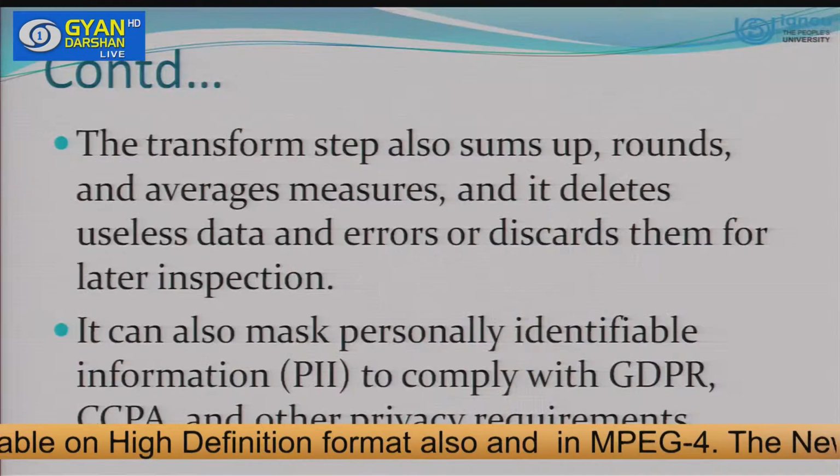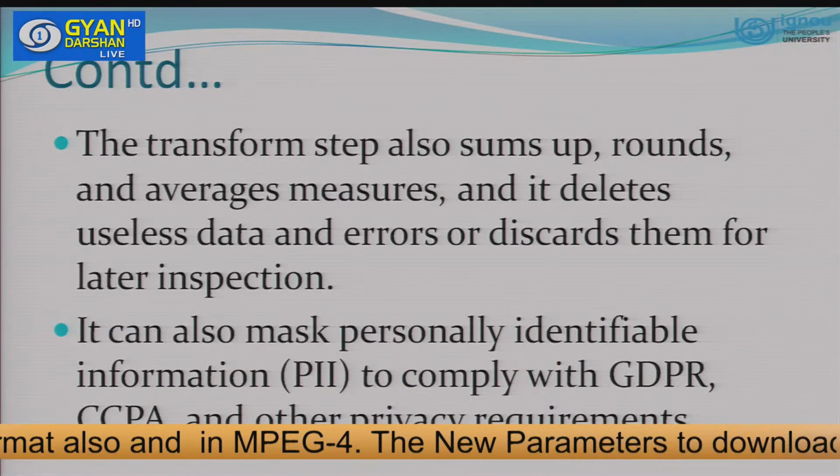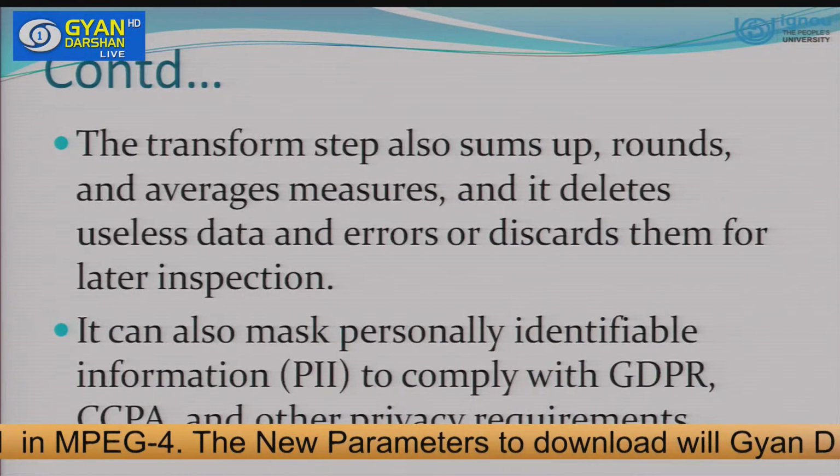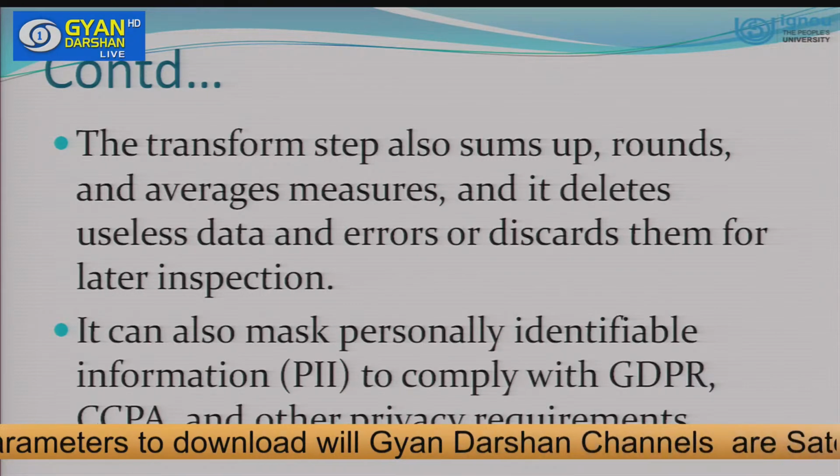The transform step also sums up, rounds, and averages measures, and it deletes useless data and errors or discards them from later inspection. All the data lying in the relational database may not be considered. We have to identify what data is to be considered and which is meaningful in order to find insight. That also we have to take into consideration.